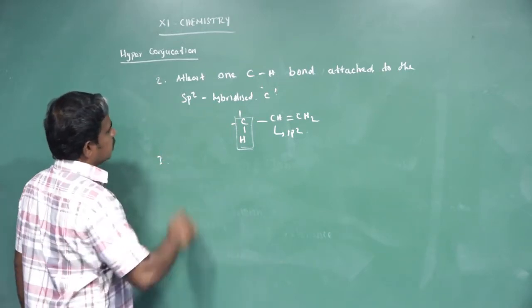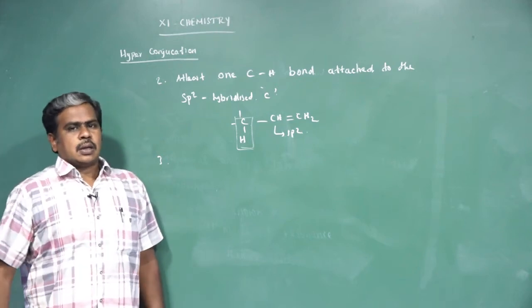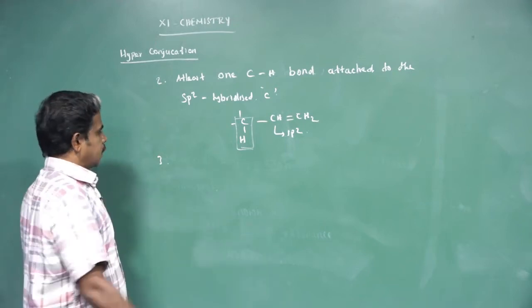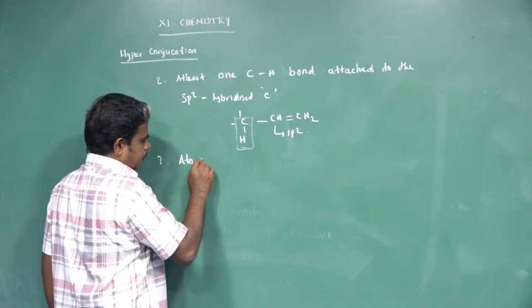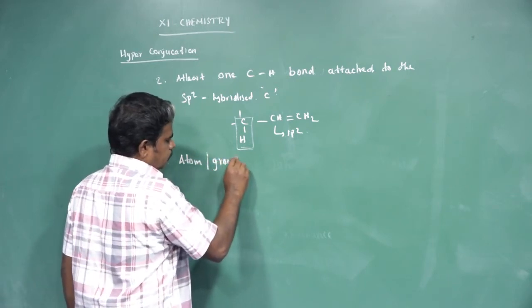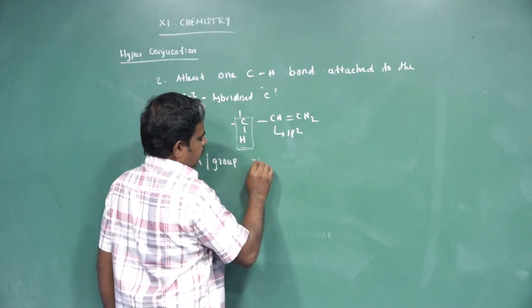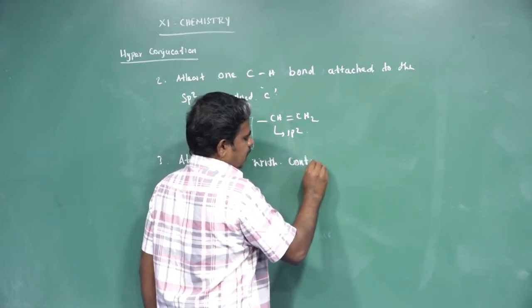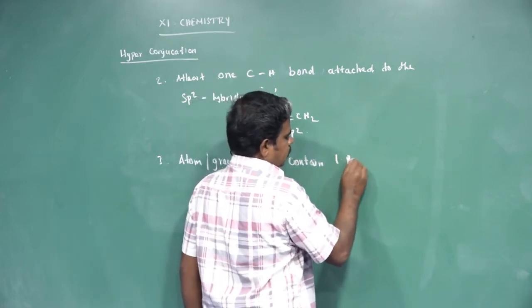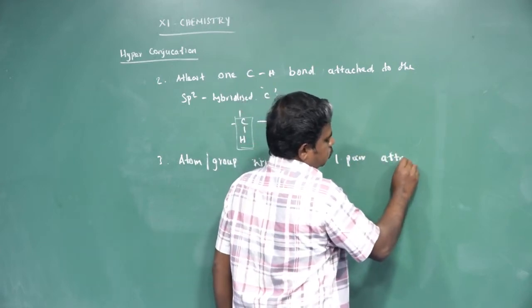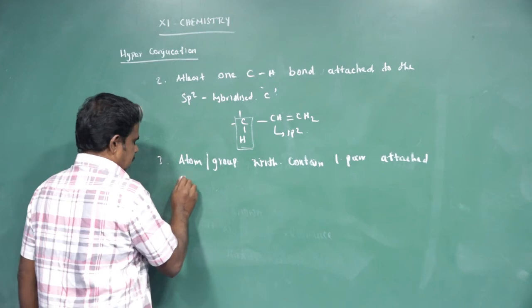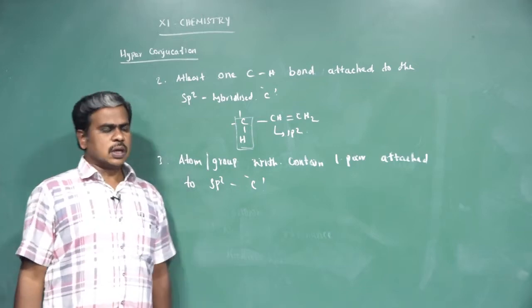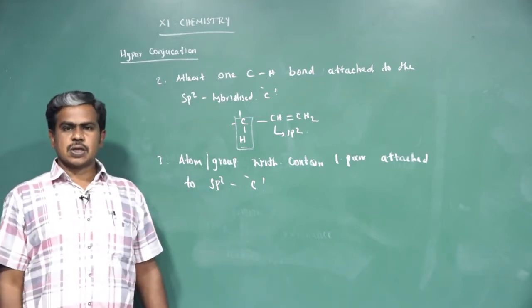And the third one: an atom or group which contains a lone pair is attached to the sp2 hybridized carbon atom.